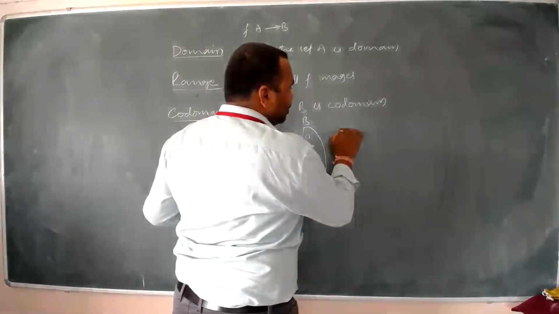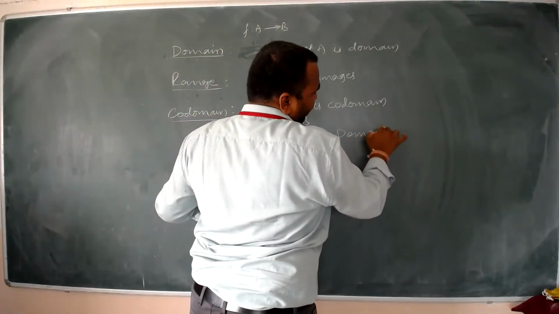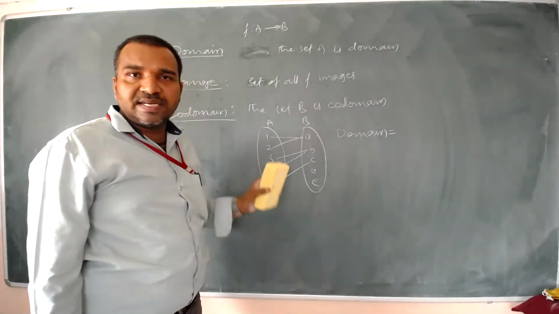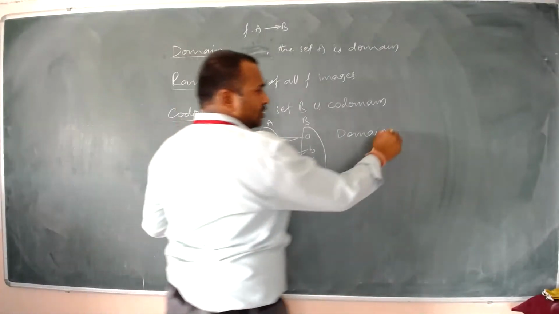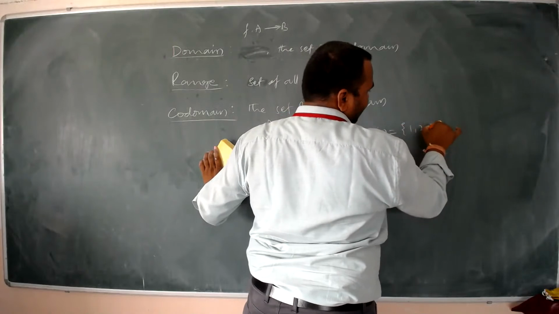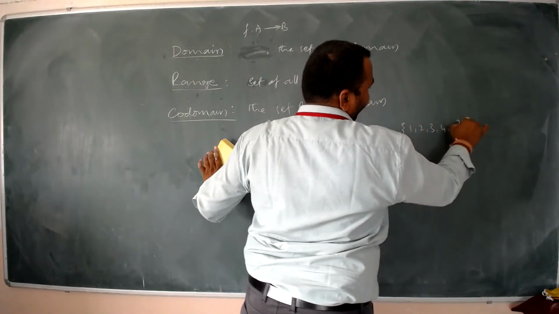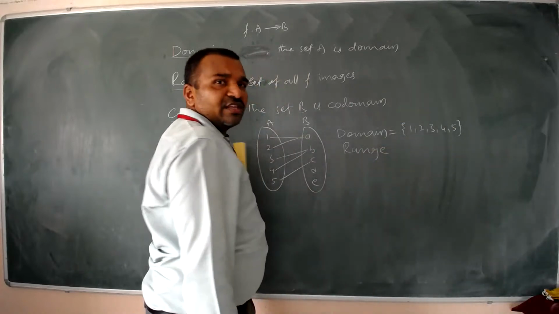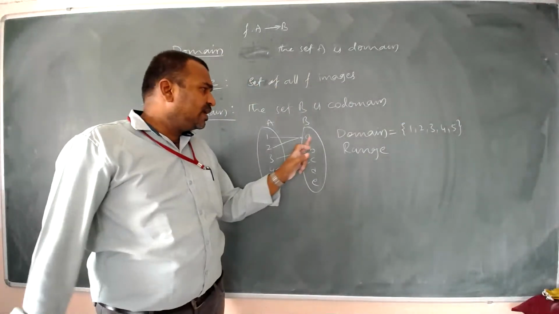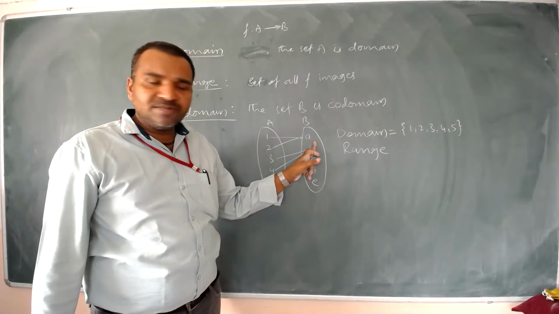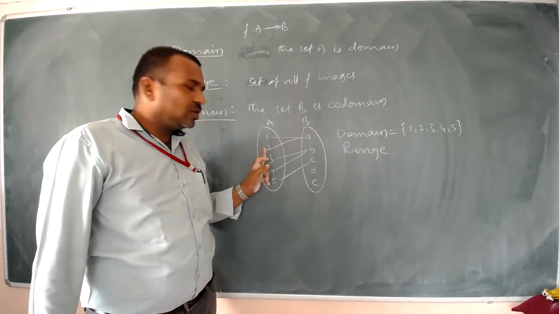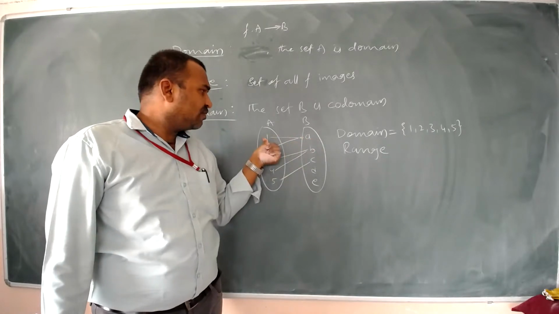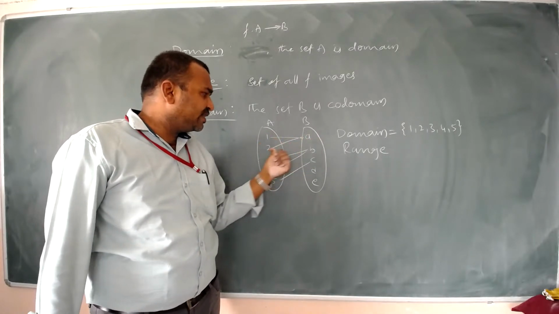Now go for the domain. What is the domain? The total first set is called the domain. So what is the first set? 1, 2, 3, 4, 5. Range: what is range? The set of all f images. What are the images now? A is an image, because it is related with two elements: A is the image of 1 and A is the image of 2.